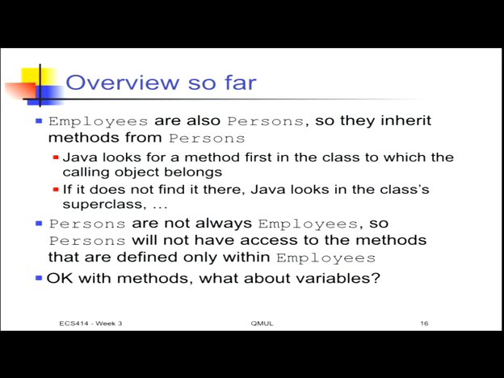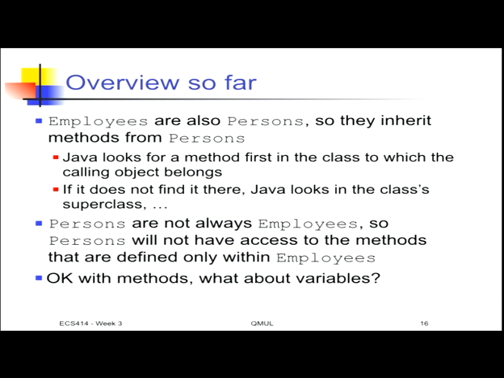And as we will see, it doesn't go on forever. In Java there is a superclass of all possible classes. If it doesn't find that method name in any of the superclasses of the type of the object, then it will say "symbol not found". So this is the way it works with methods.